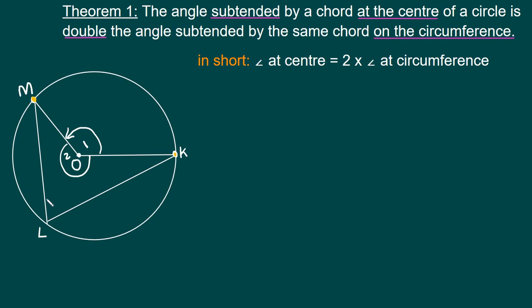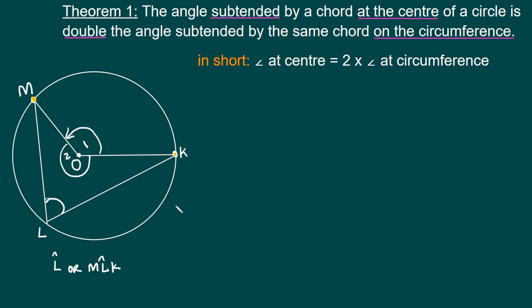And then after that, what would be the name of this angle here? Since it is this one, we would call it angle L, or you can call it MLK, because it's an angle formed by ML and LK. So that is the angle there.